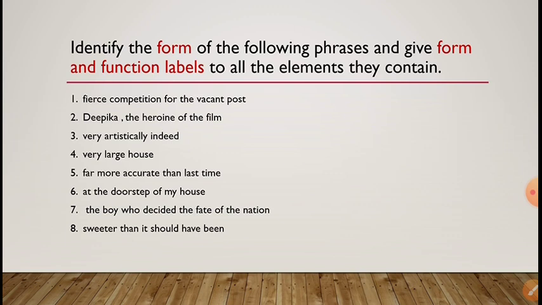Identify the form of the following phrases and give form and function labels to all the elements they contain. So, such will be the question, and the phrases that will be given will be the phrases which I have given here on the screen. Such kind of phrases will be given for you for analysis.